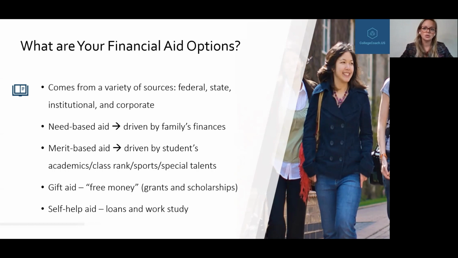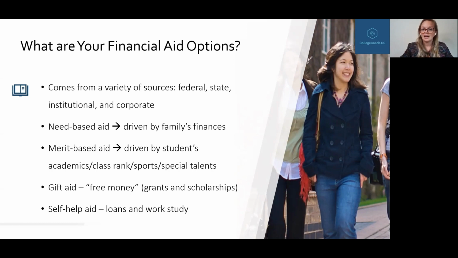Most schools use merit financial aid to attract students. So if they see a student that's really desirable, and it doesn't matter how much money their parents make, they will want to attract that student by giving them money to attend.